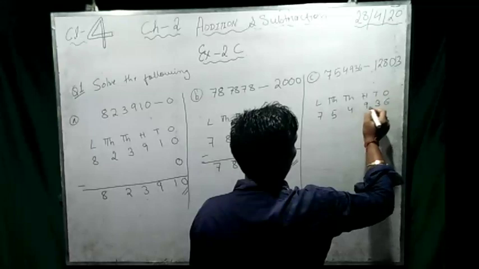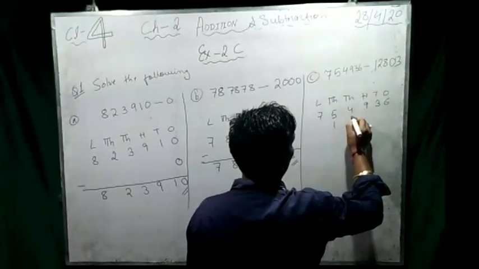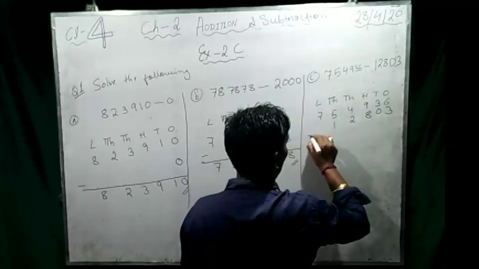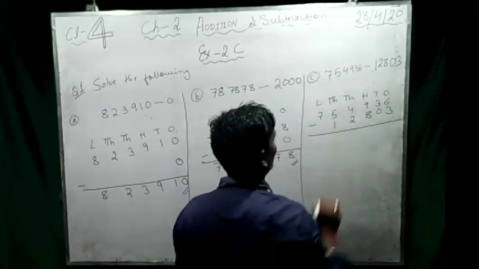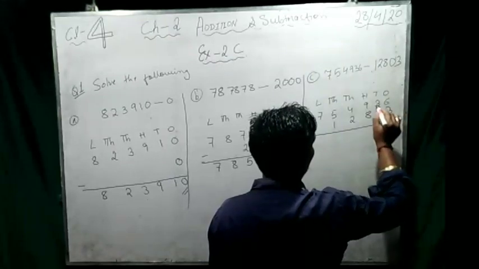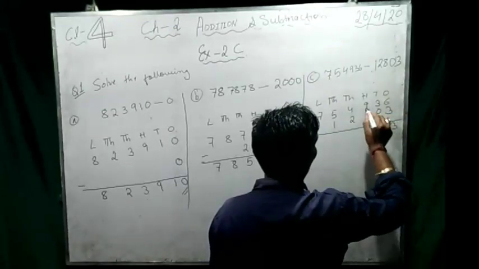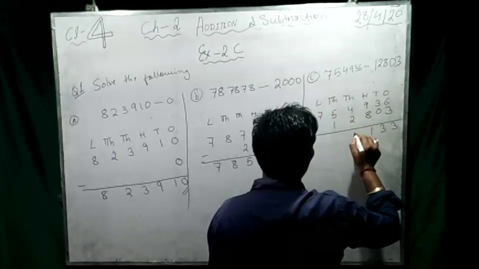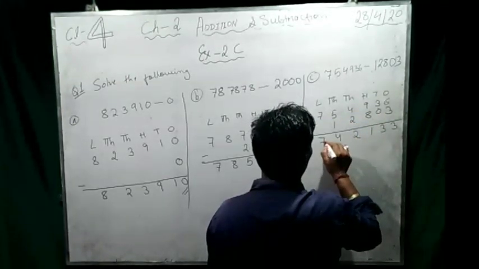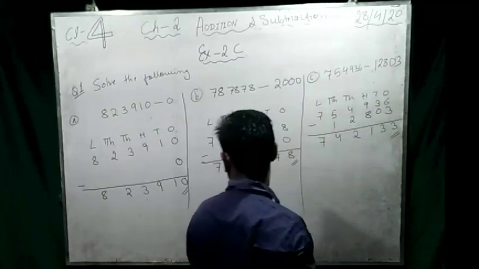So start 1, 2, 3, 4, 5. 1, 2, 8, 0, 3. So start doing. Minus. So 6 minus 3, 3. 3 minus 0, 3. 9 minus 8, 1. 4 minus 2, 2. 5 minus 1, 4. And 7 will remain 7. So this is our answer. Clear, student?